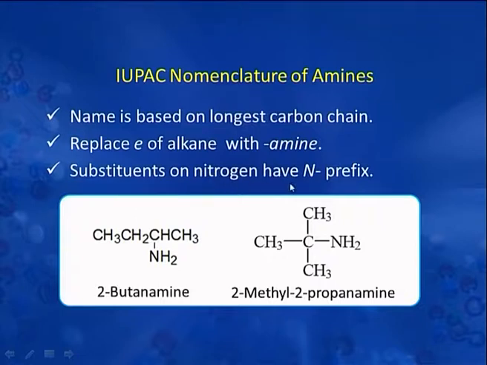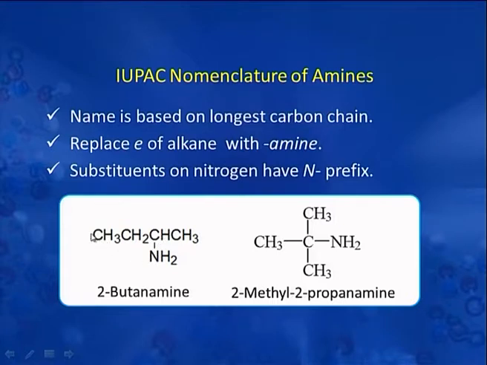Substituents on nitrogen have N-prefix. For example, in this particular case you can see that the longest possible carbon chain contains 4 carbons. So, this is an amine with 4 carbons. So, we will write butanamine, that is replace E from butane and add amine after that. But butanamine will not be the complete name for the molecule, because you have to give the position of attachment of amino group to the main chain, and if we number it from here, position 2 will have the amino group.